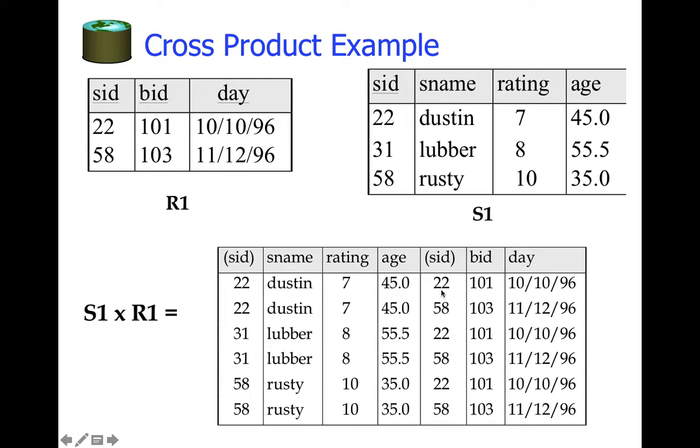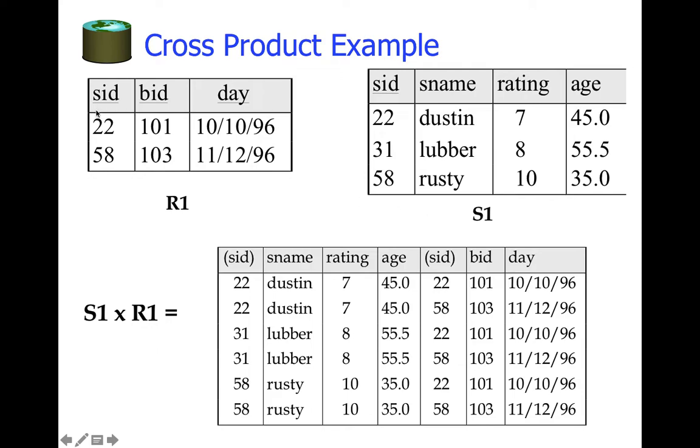Each row of S1 will be combined with each row of R1. This is the first row of S1, the same Dustin one, combined with the two rows: the first row 22, and then we repeat it with the second row, which is 58, 31.